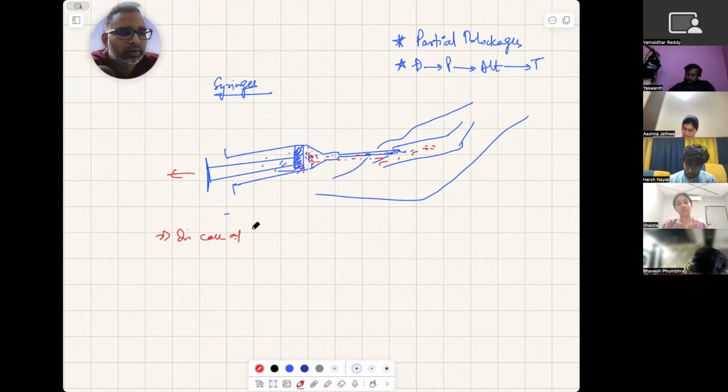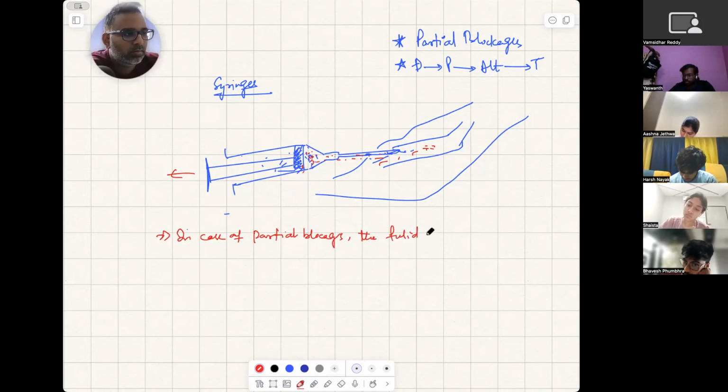In case of partial blockages, the fluid will have resistance. In this case, blood will have resistance while flowing into the system, while flowing into the syringe.